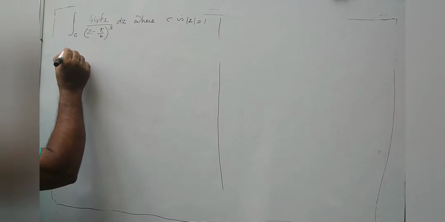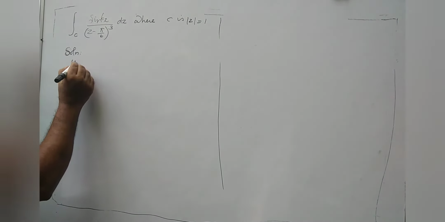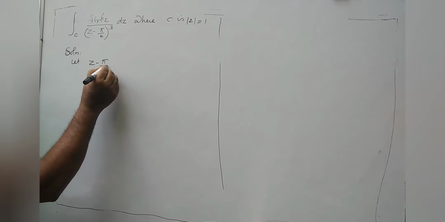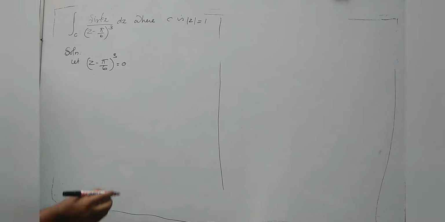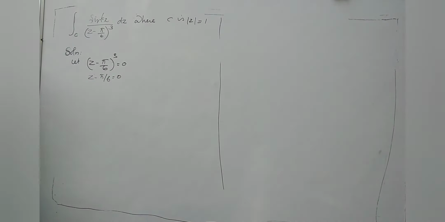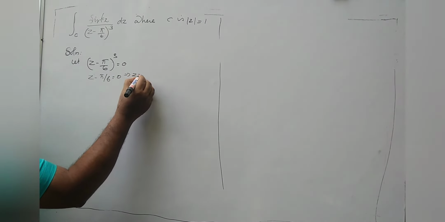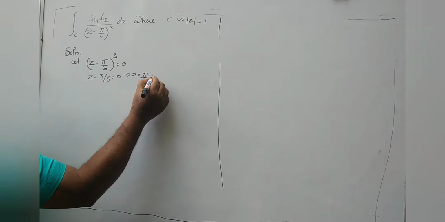So solution: let the denominator be equal to 0, let (z minus pi by 6) the whole cube be equal to 0. That is z minus pi by 6 is equal to 0. This implies z is equal to pi by 6. What is pi?